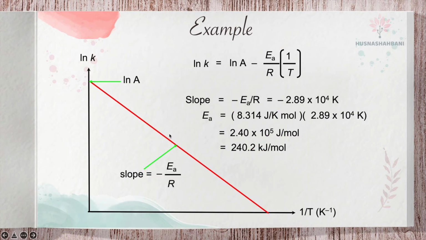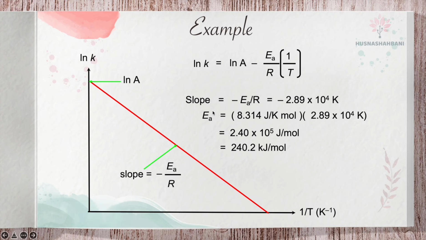Now plot the graph and you get the slope. This here is the negative gradient. So slope equals negative activation energy over R. And when you calculate the gradient, you get this value. And you know that the gradient is equal to negative activation energy over R. We have the gas constant R, 8.314 joule per Kelvin mole.